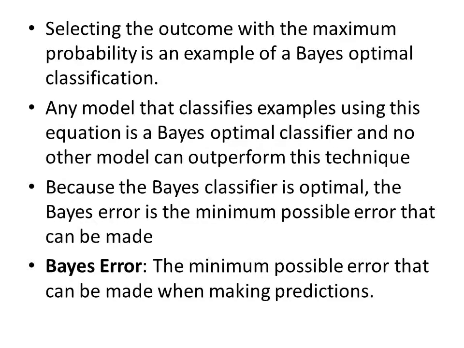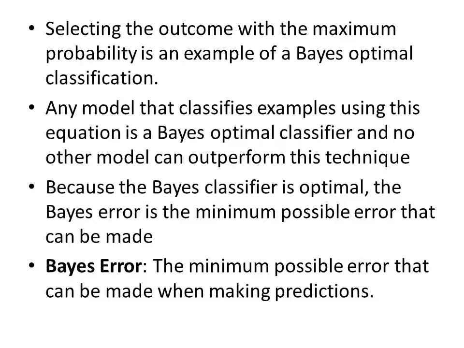Selecting the outcome with the maximum probability is an example of a Bayes optimal classification. So the outcome which is selected as having the maximum probability is the example of Bayes optimal classifier.